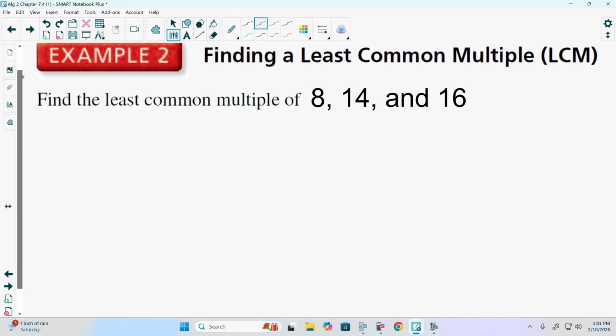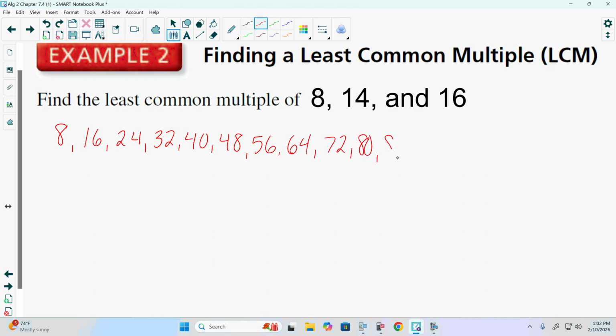Common multiples. It's been a while since we've talked about a common multiple. A multiple, we'll use 8. 8, 16, 24, 32, 40, 48, 56, 64, 72, 80, 88, 96, 104, 112, 120, 128.